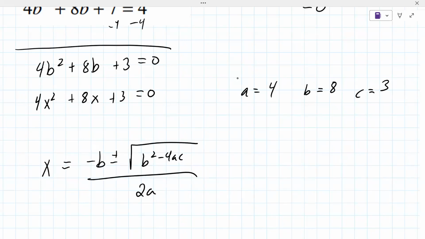Shouldn't be too many issues calculating this. For the thing under the square root, I got 16. That's correct.